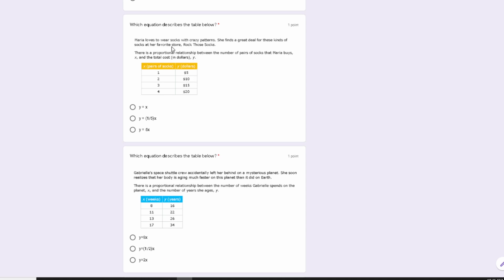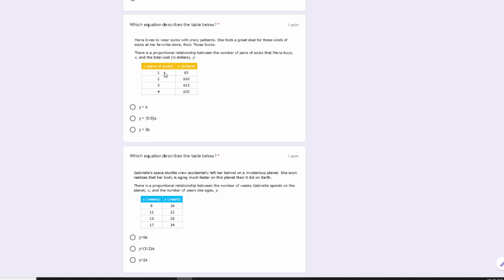Which equation describes the table below? We need to think about which one of these equations represents what's going on in our table. We see that one pair of socks costs $5, 2 pairs cost $10, 3 pairs cost $15, 4 pairs cost $20.